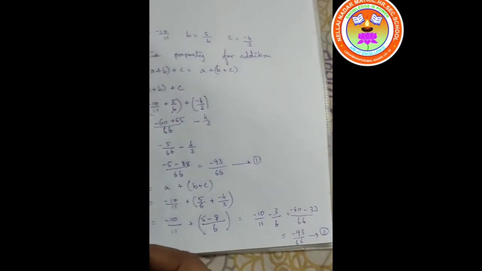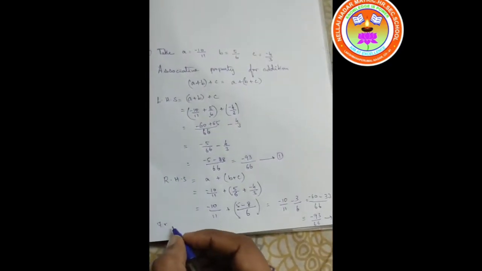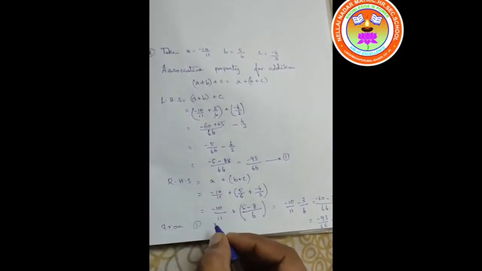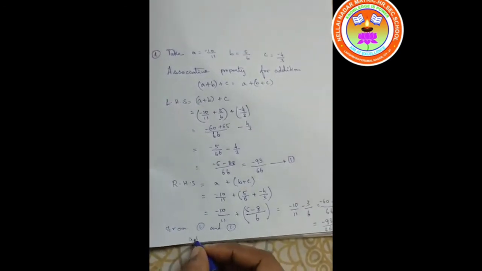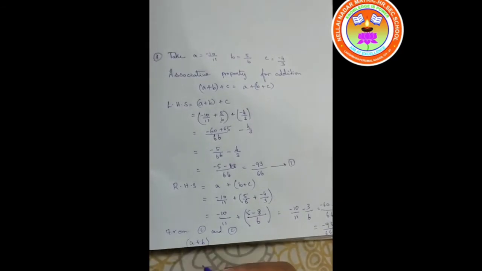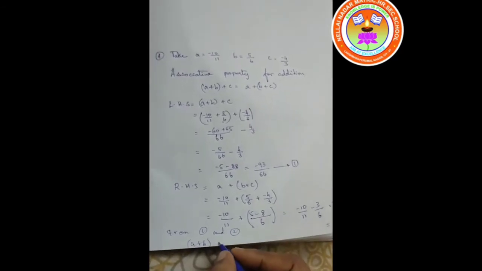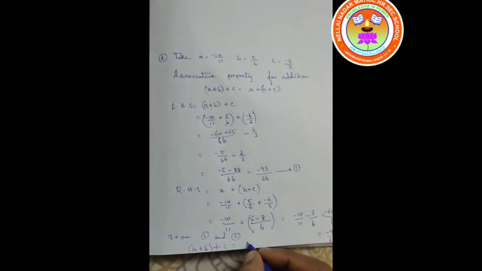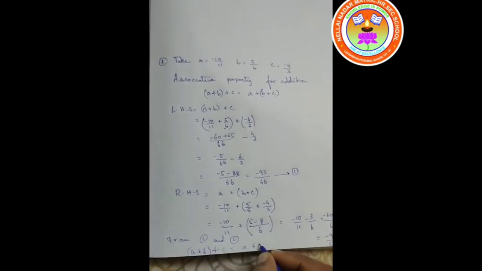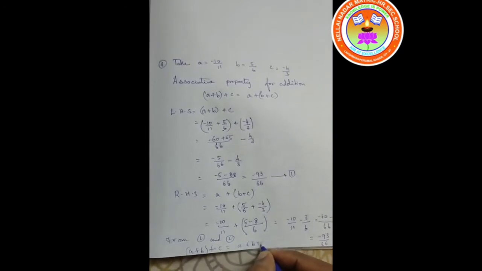From 1 and 2, (a plus b) plus c is equal to a plus (b plus c).